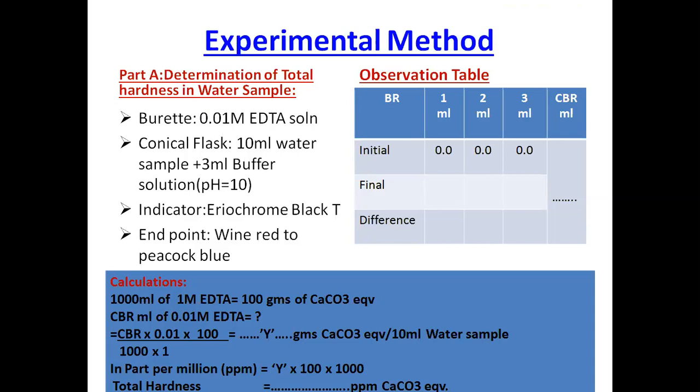We have to convert this value into parts per million. How to convert? Multiply this Y value by 10 raised to 5, that will give you the value in parts per million for hardness. So the total hardness will be in parts per million.